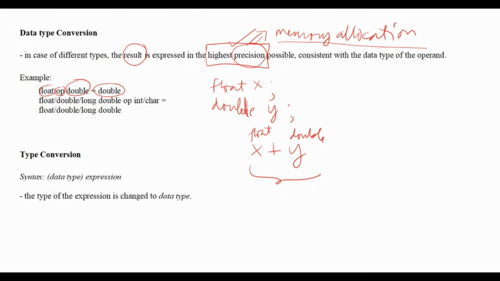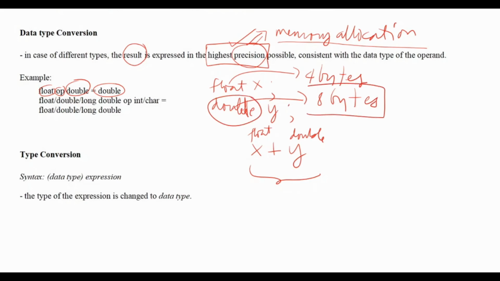So recall that float type is 4 bytes memory allocation and double is 8 bytes. And so it is double who has the highest precision or the largest memory allocation. So that is why the resulting value when this is evaluated is type double. So that is the rule for data type conversion.